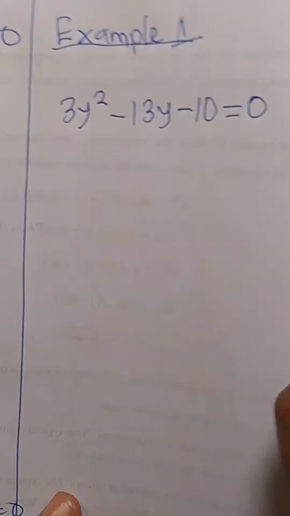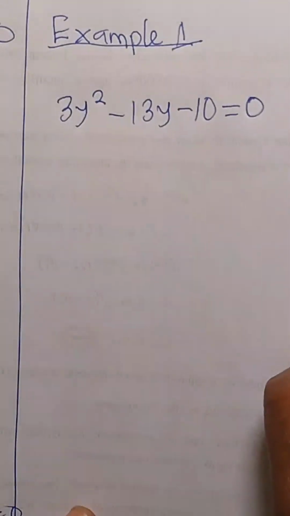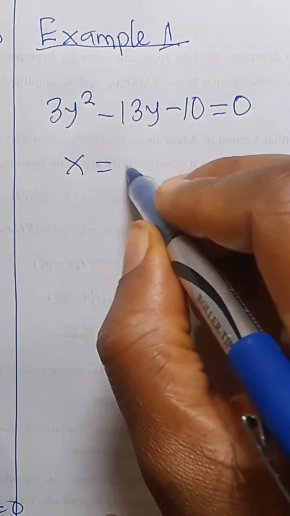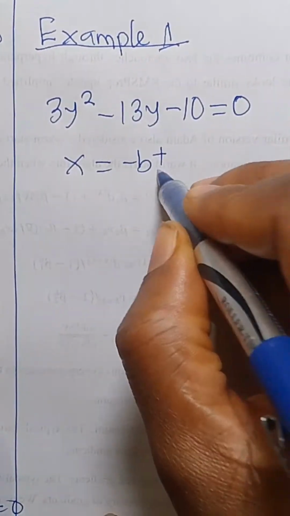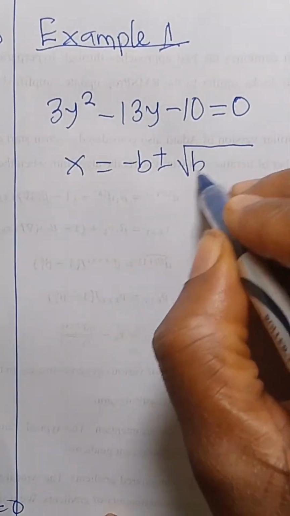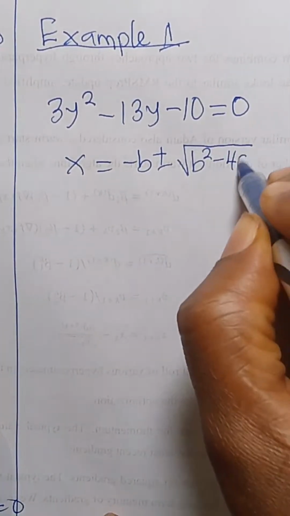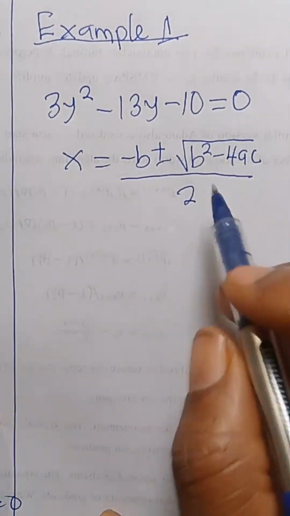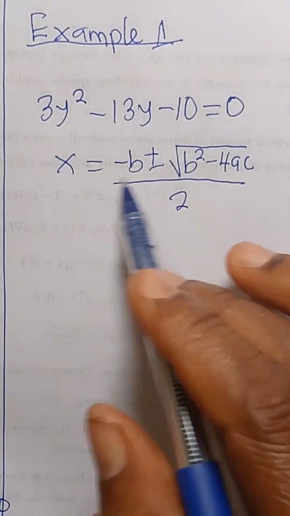So this is the first one we are going to solve using quadratic formula. Remember, quadratic formula is x equals minus b plus or minus square root of b square minus 4ac all over 2.